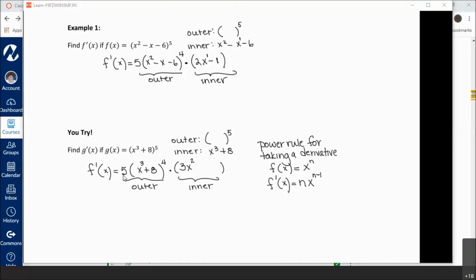See, here's the 5. It came down in front, just like my n. And then I'm subtracting 1 from my exponent here. So here's the outer derivative. And then when I take the derivative of x cubed, I'm doing the same exact thing. Bring the 3 down in front and subtract 1 from the original exponent. See the n minus 1? Well, 3 minus 1 is 2.